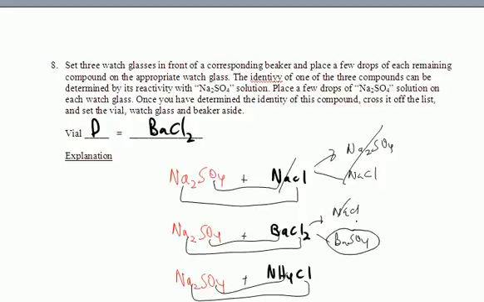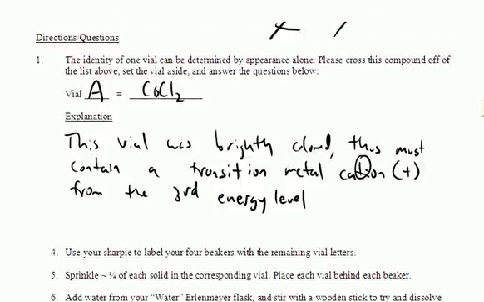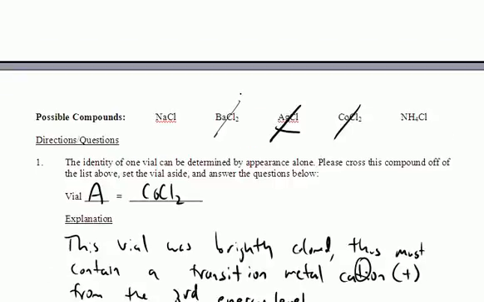BaSO4 is insoluble, so BaCl2 is the most reasonable choice. Let's go back and look at the new combinations here. NaCl and NH4 2SO4. BaCl2 is the only obvious choice, so let's cross that off the list.